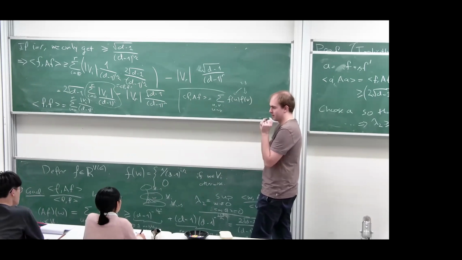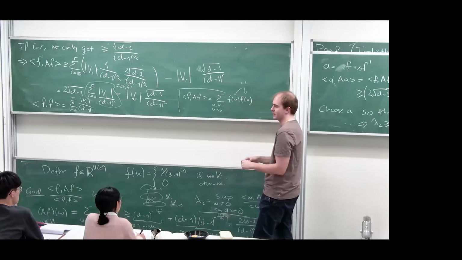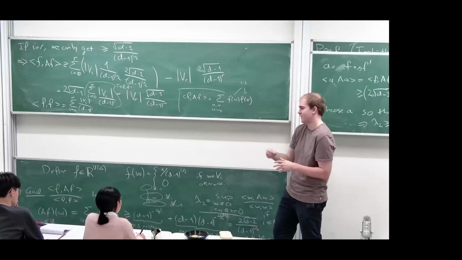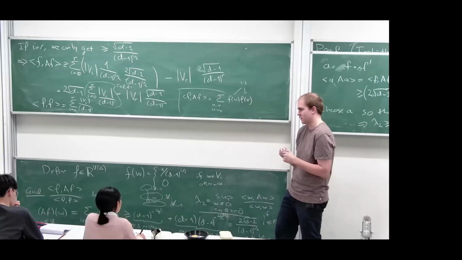So picking an edge is a good thing, because we first multiply two large things together because there's an edge between them, and then we decay. It's a natural candidate to try, but it's unfortunately not going to work.